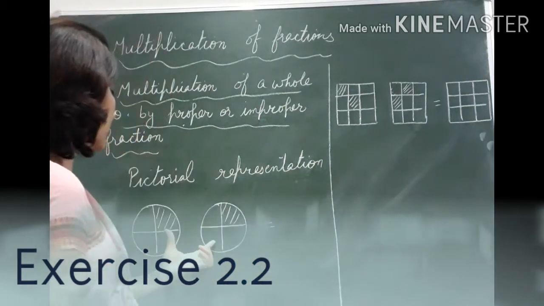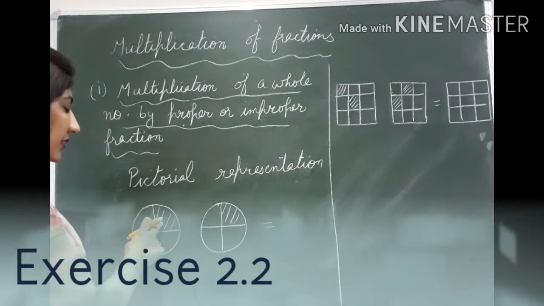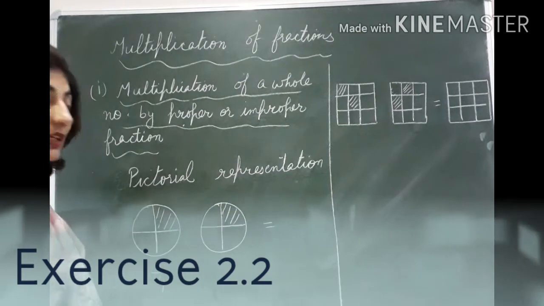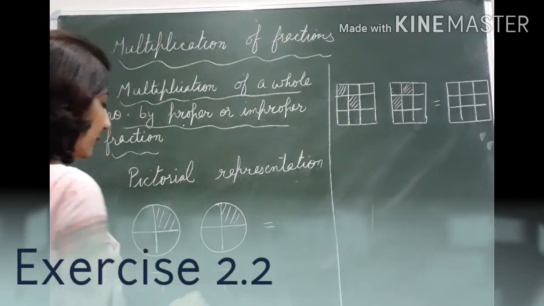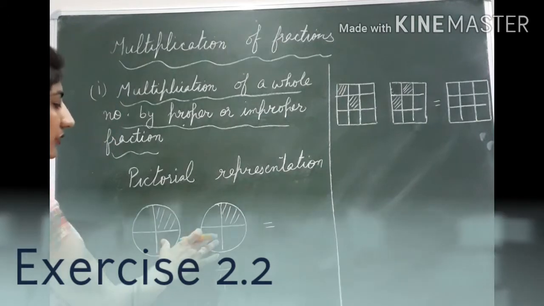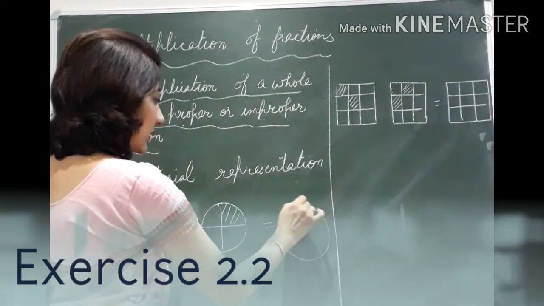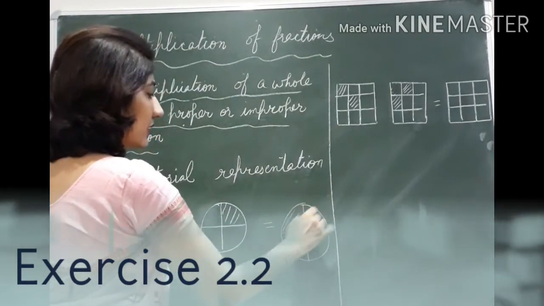See, I have drawn here two circles, divided into four equal parts, and shaded one part. So here 1/4 is shaded. If I have to write in fraction, it will be 1/4. In the second circle also, I have shaded 1/4. So if I have to make the pictorial representation of this, if I have to add this, what I will do? In the third circle, the final circle, two portions are shaded.